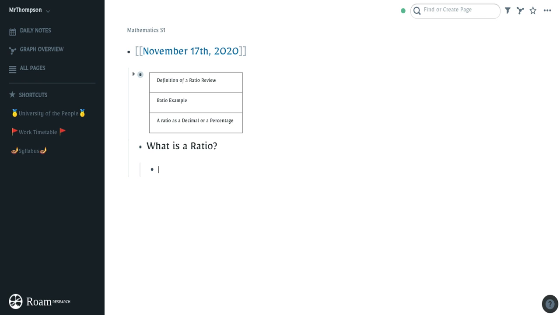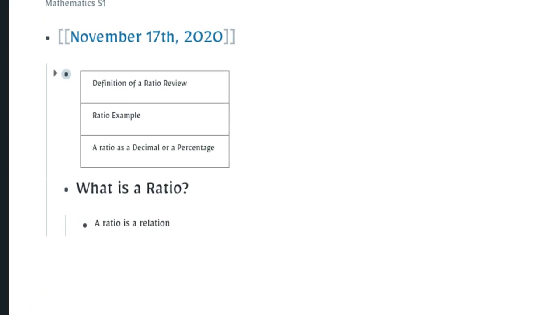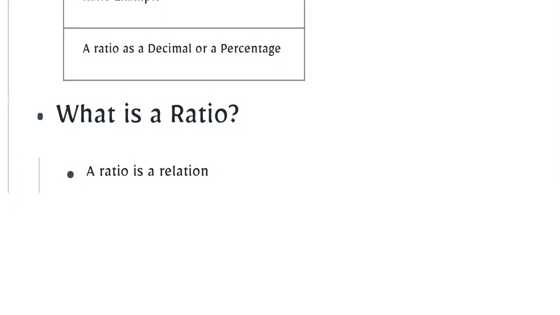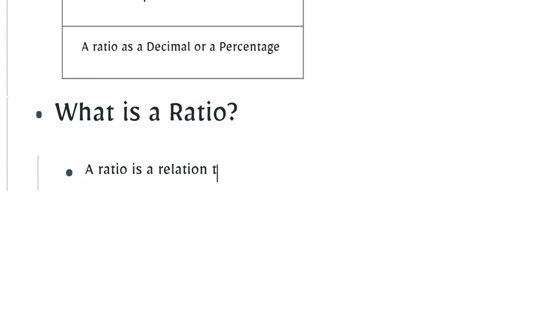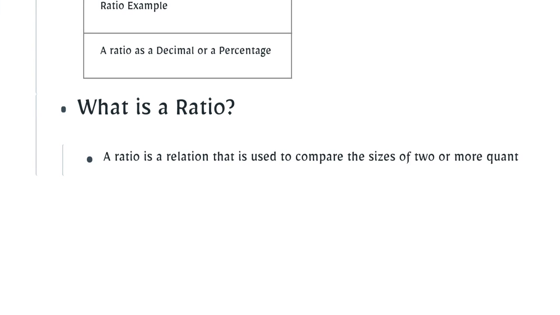So write this for me. A ratio is a relation. Let me just zoom in for you. A ratio is a relation that is used to compare the sizes of two or more quantities.